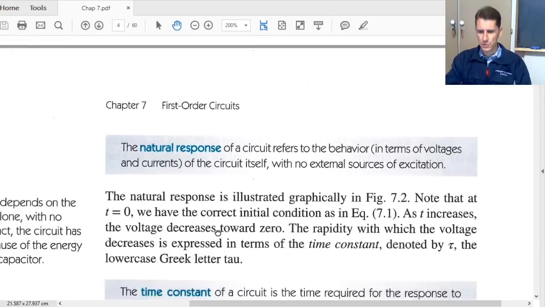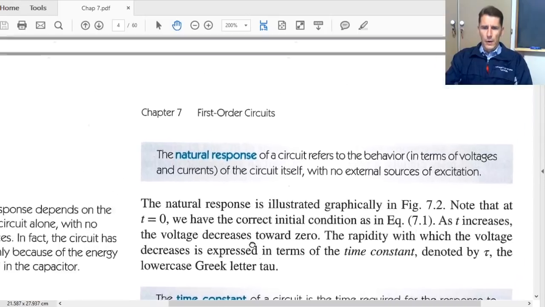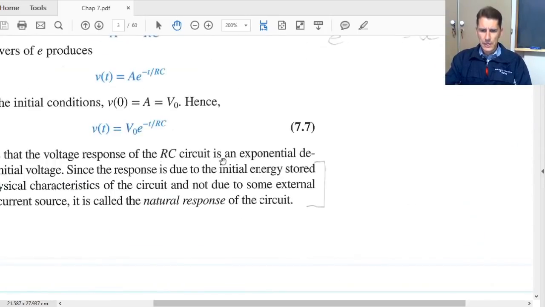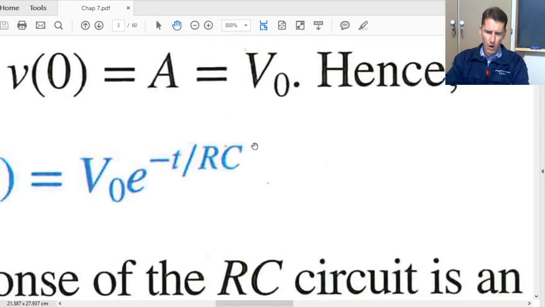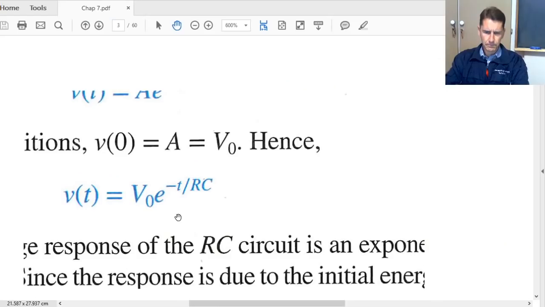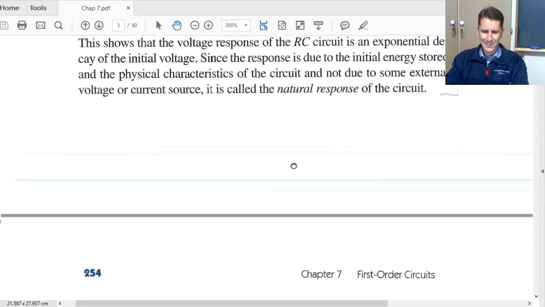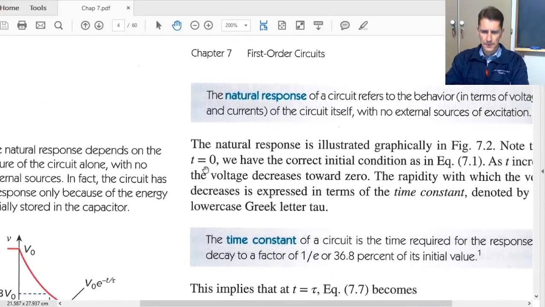So we've got a natural response. All right, then next we need to look at this little value here, this RC value. Now that is known as the time constant.